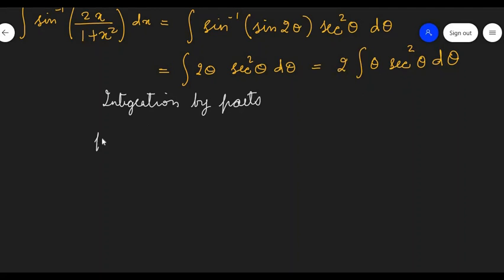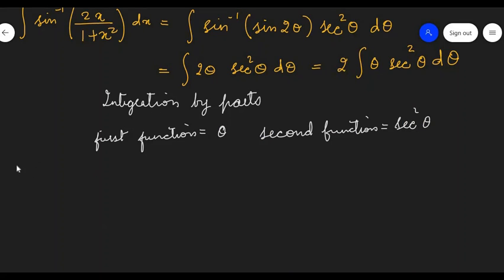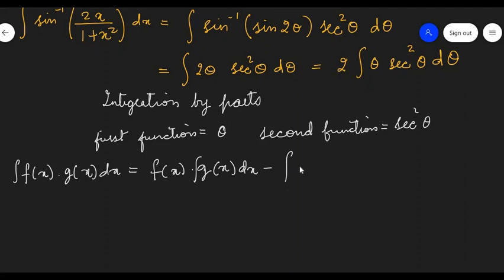So I am going to select the first function as theta and the second function as sec square theta. And we know that integration by parts says that integration of two functions f of x and g of x can be calculated as first function into integration of second function minus integration of second function into differentiation of first function and whole dx.